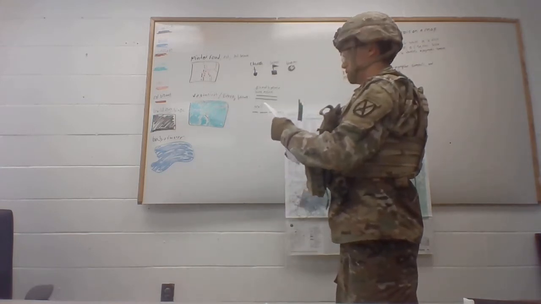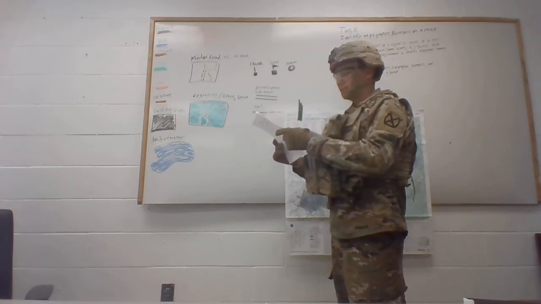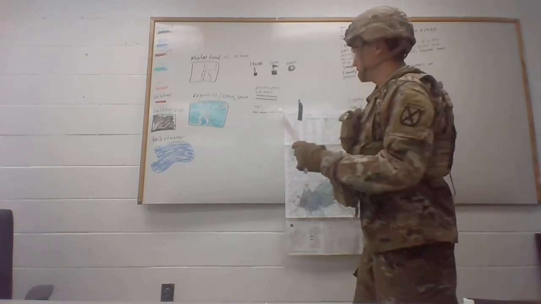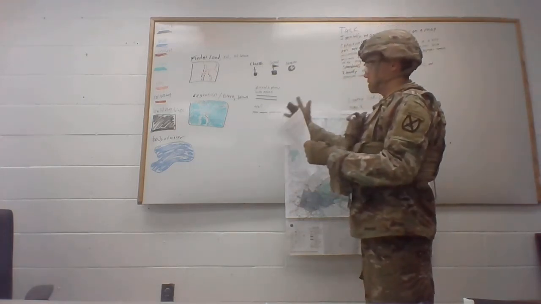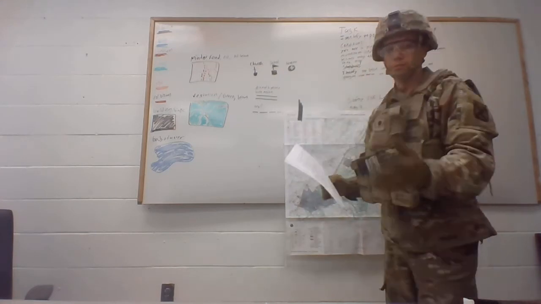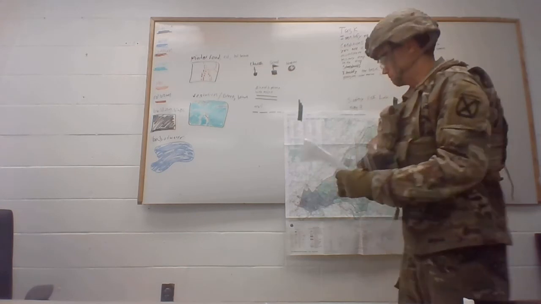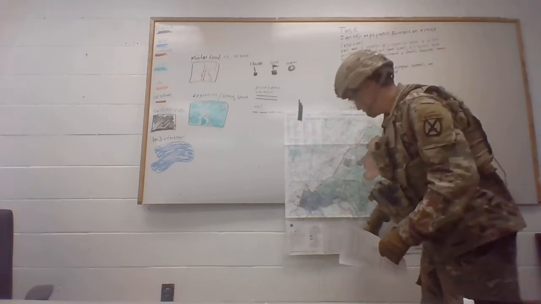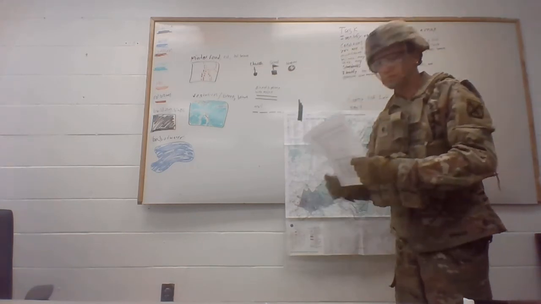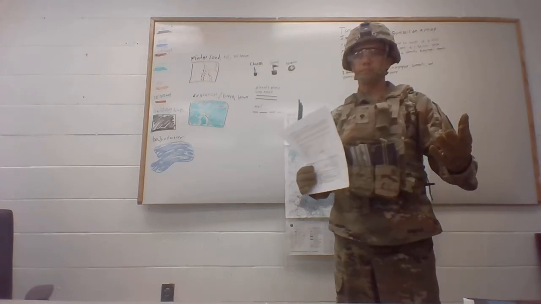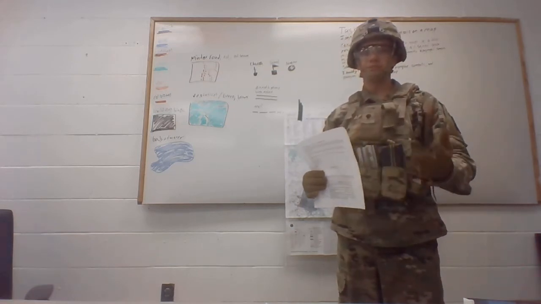So then we would identify the symbols on a military map. I have put some examples up here on the board, but for most of the symbols that you would find on your military map would be here at the bottom of the map, showing what's on the map and what the symbols represent.